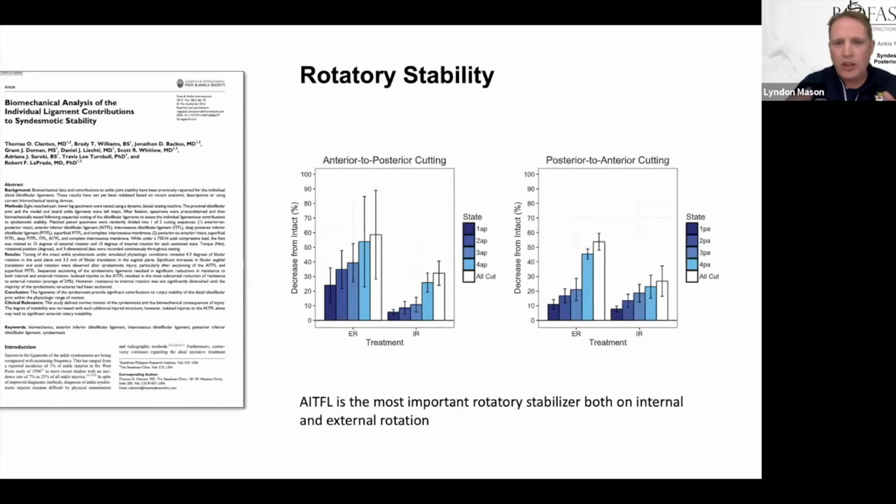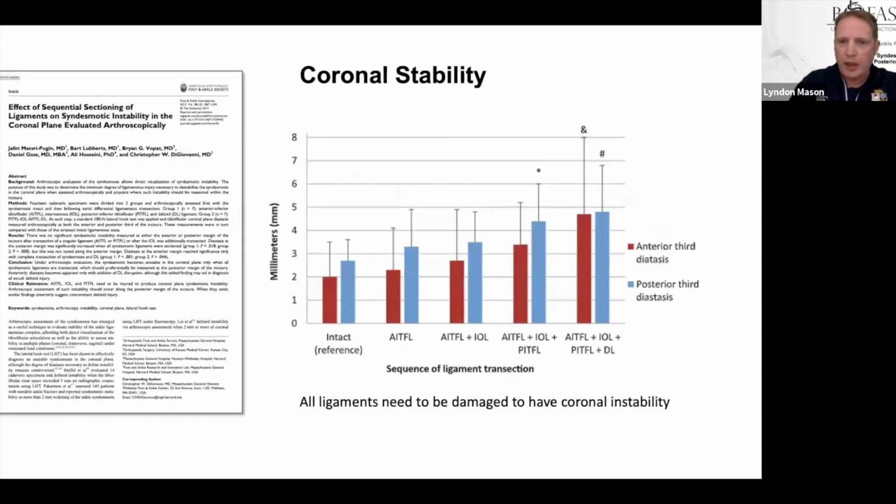Stability-wise, the AITFL is the most important rotatory stabilizer. This paper cut it from front to back and then from back to front, and found that when they start cutting from the front, you get more instability on rotation. In regards to coronal stability, this only made a difference when all the ligaments were gone.